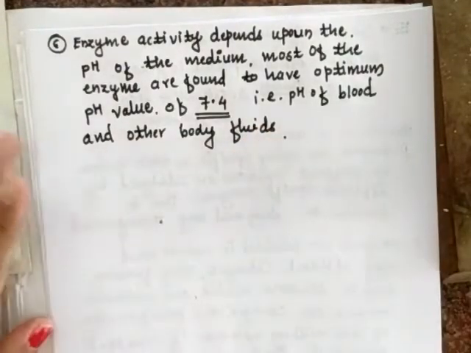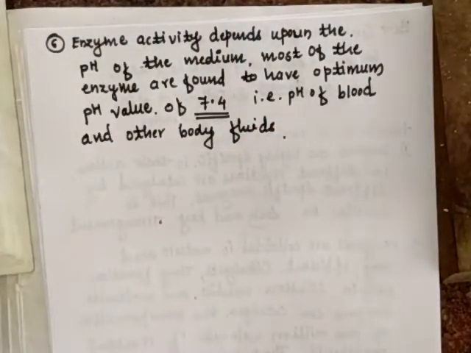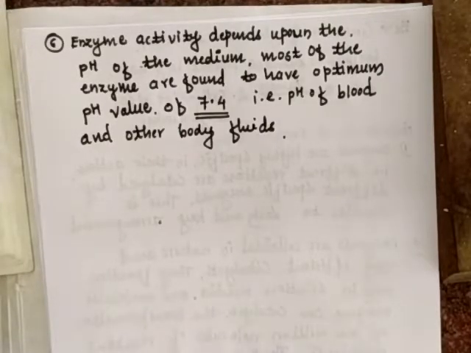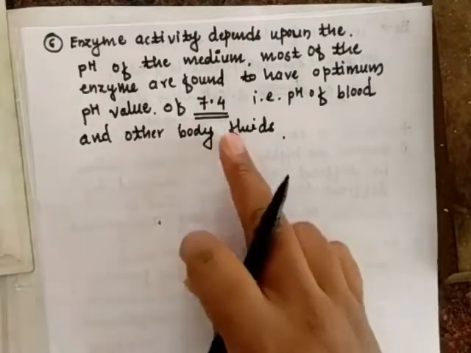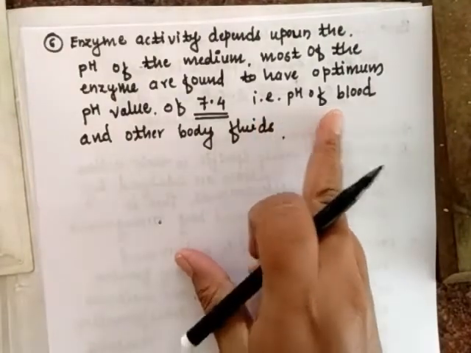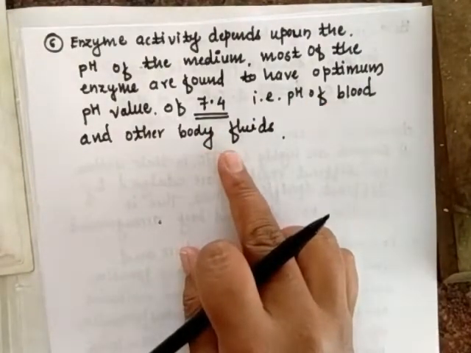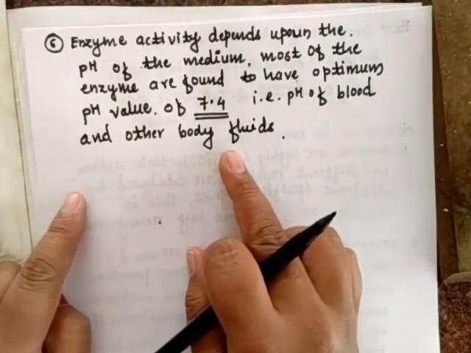So what the sixth point tells us is that enzyme activity depends upon the pH of the medium, and most of the enzymes are found to have an optimum pH value, that is, about 7.4, which is the pH of blood and other body fluids. This is the sixth one.